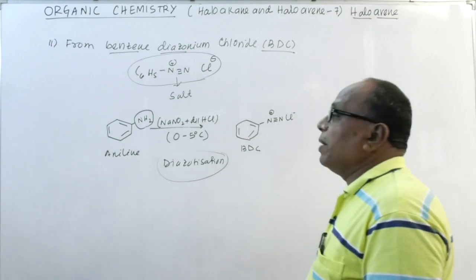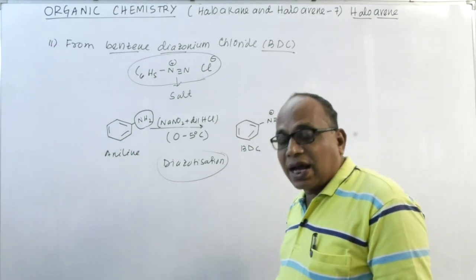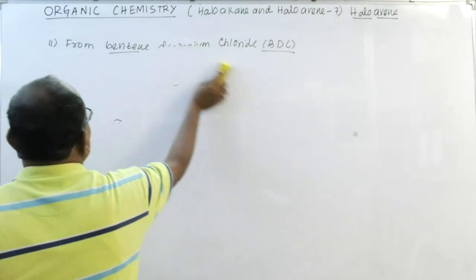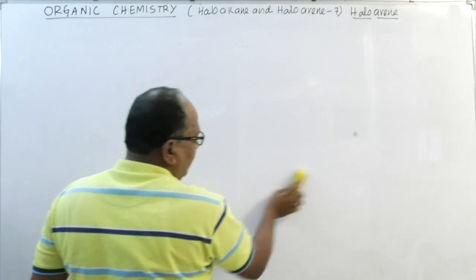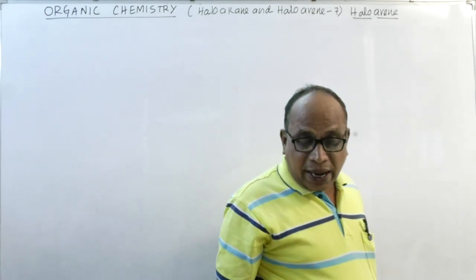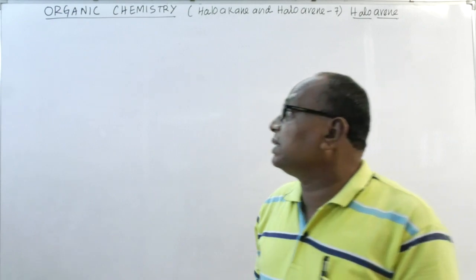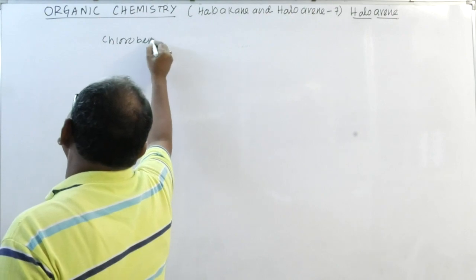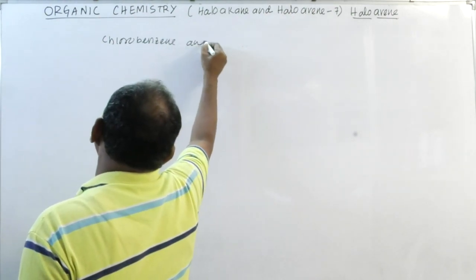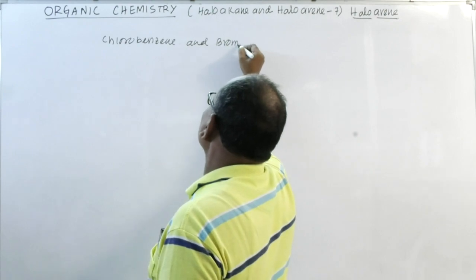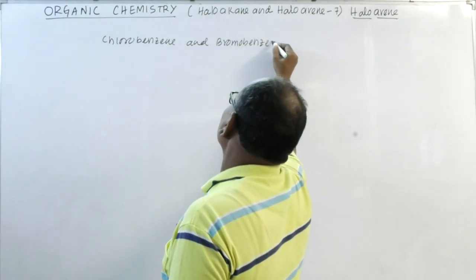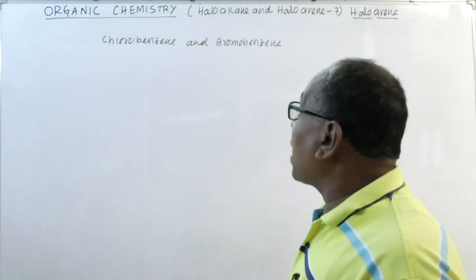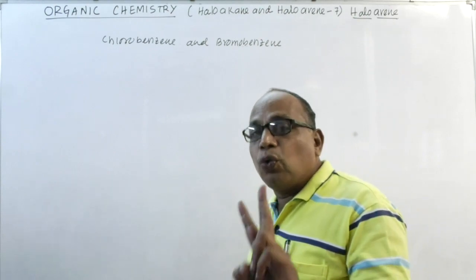Okay, from this benzene diazonium chloride, we can synthesize chlorobenzene, bromobenzene, iodobenzene, and fluorobenzene, etc. And the preparation of chlorobenzene and bromobenzene from BDC is by two methods.